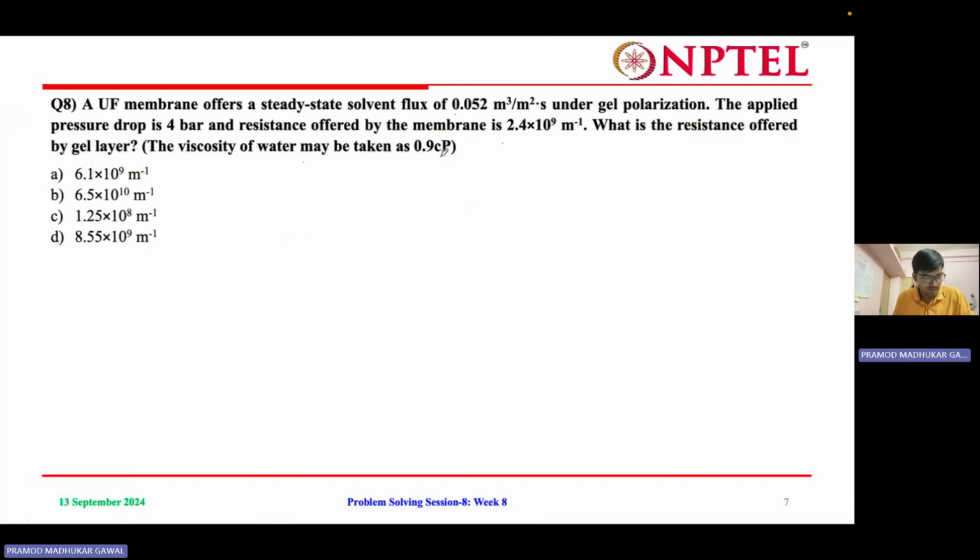So Cp, convert into the Newton. Okay, Newton into second per meter square.